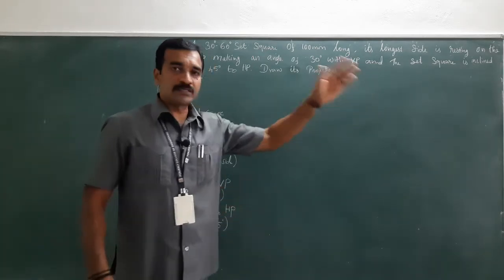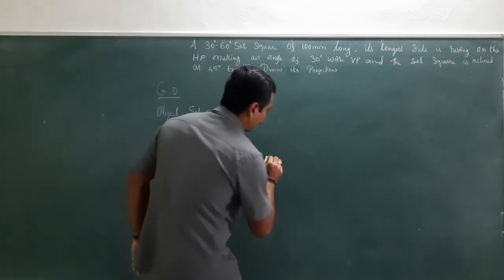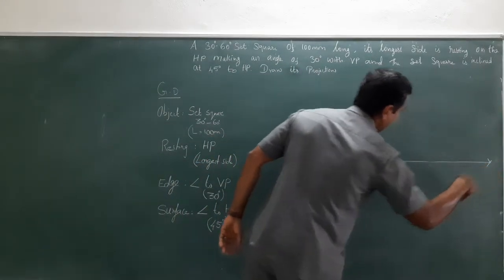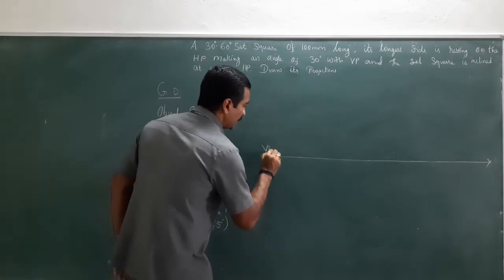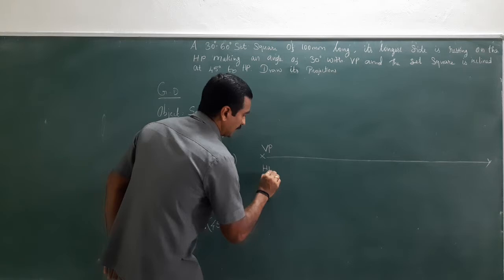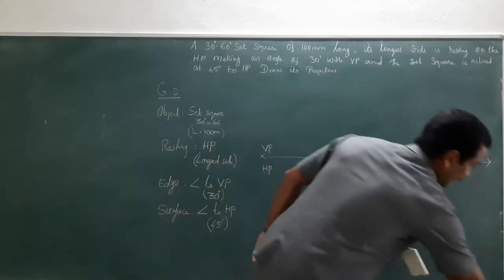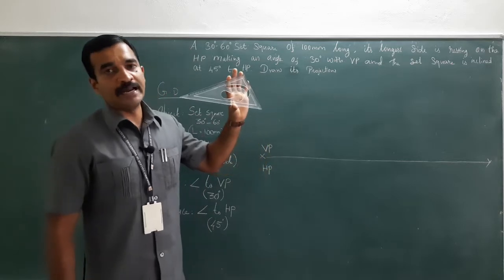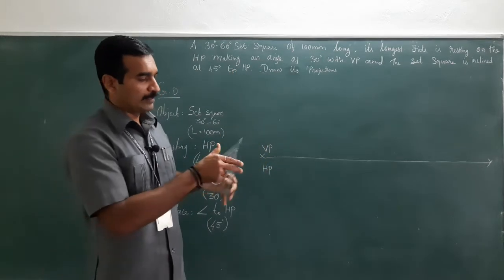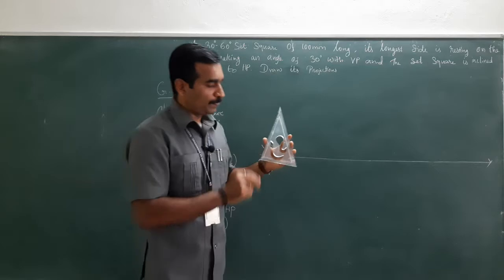Right. Let me just start drawing the projections. XY represents the reference line or ground line. VP, HP. So this is the set square of 30-60, right? Look at here.